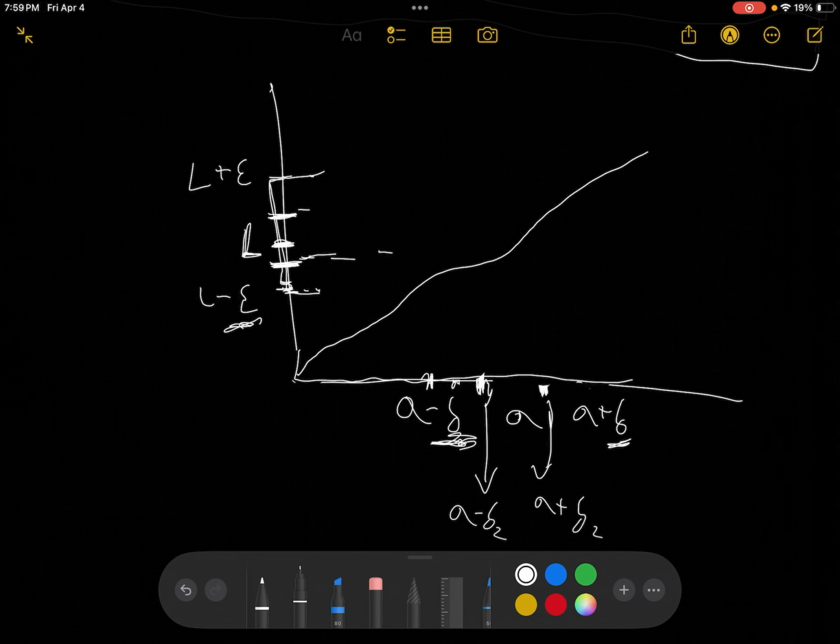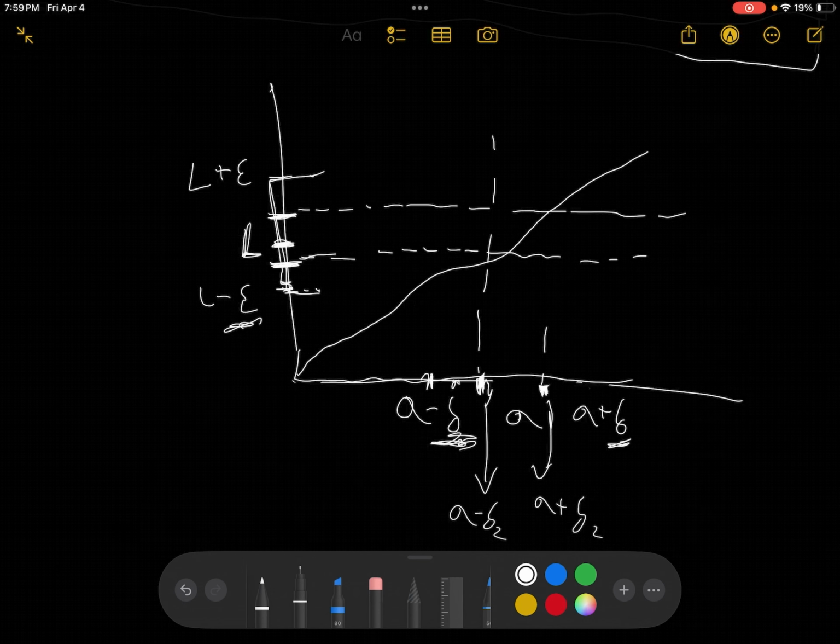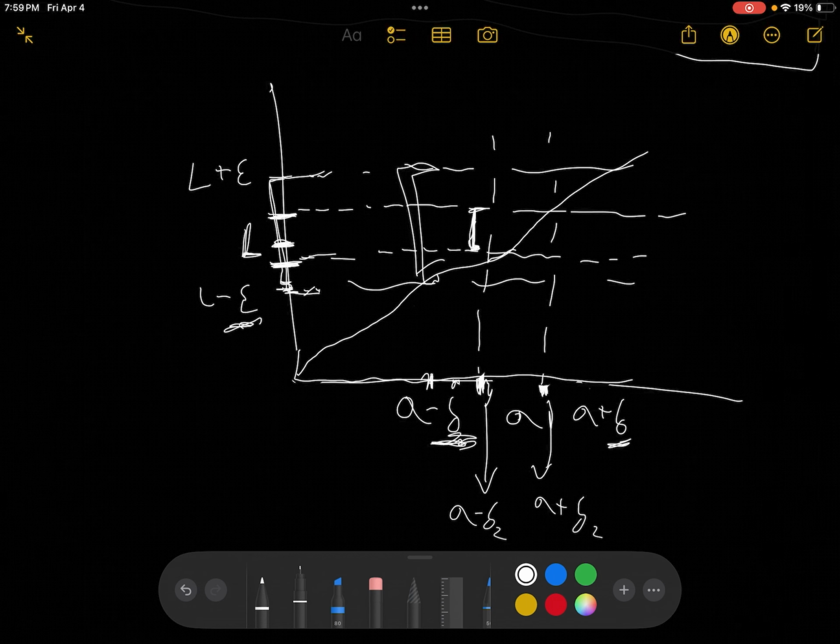For instance, for this new smaller epsilon, the limit of the function can only be a number inside this box right here, as opposed to the previous one where it could have been any number inside this box right here. So it seems that as we take smaller and smaller epsilons, we're going to restrict this value more and more and more. And eventually, we're going to end up concluding that the only value that the limit can be is L.